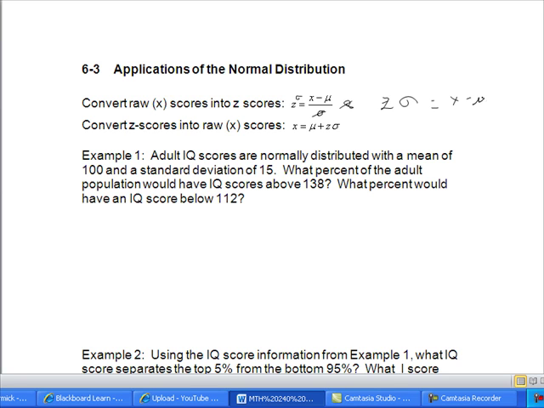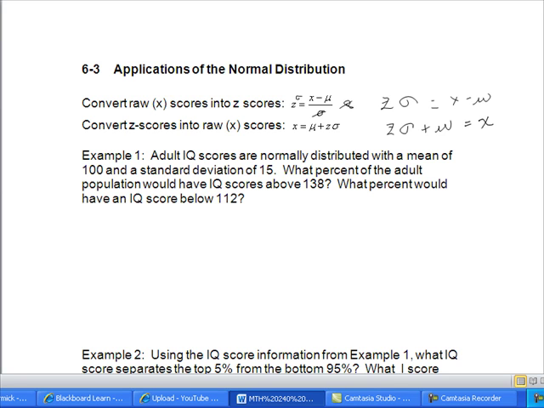And then if I add mu to both sides, I get x. So just rearranging it, x equals mu plus z times sigma. So that's where that actually comes from.